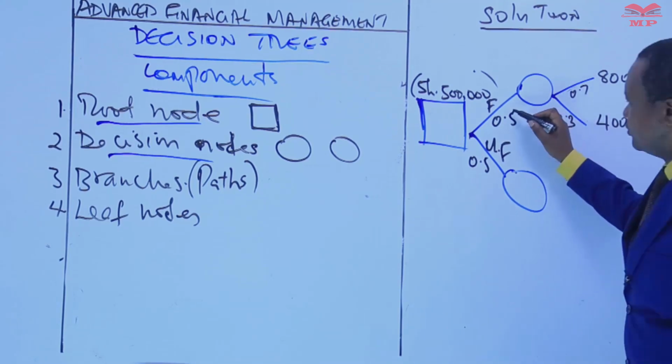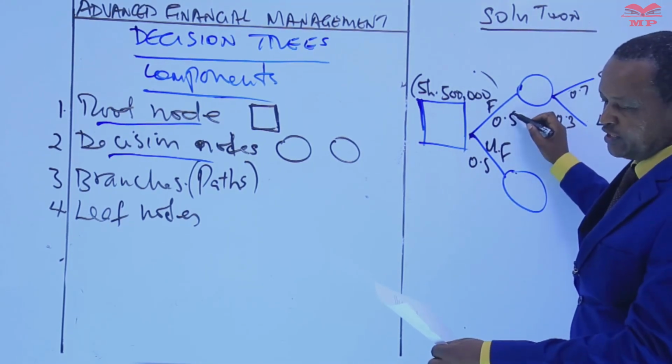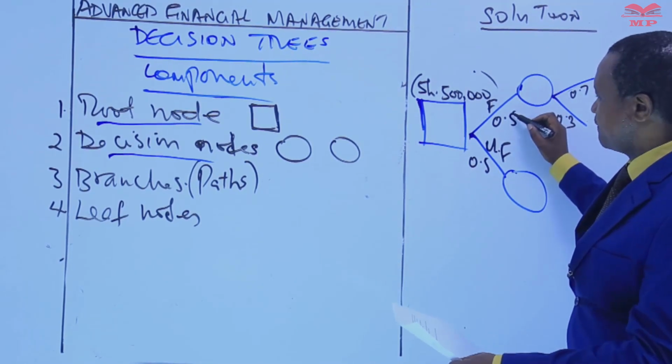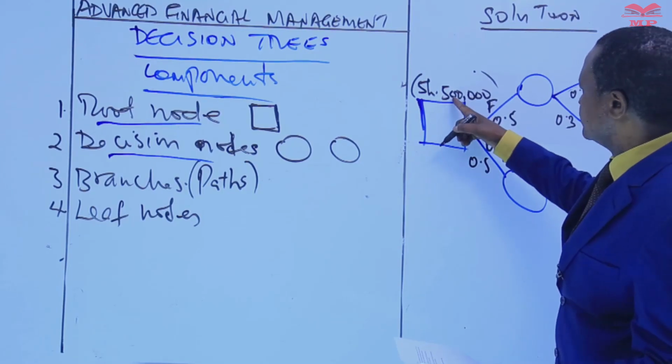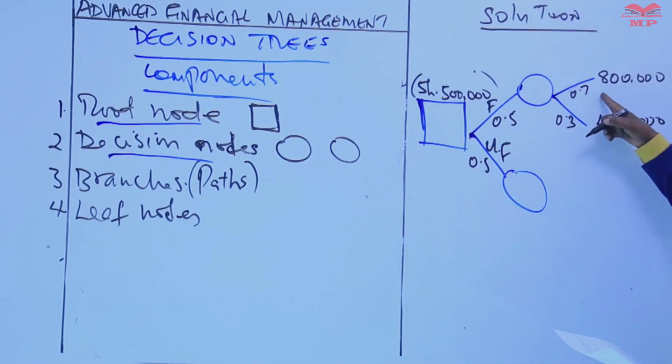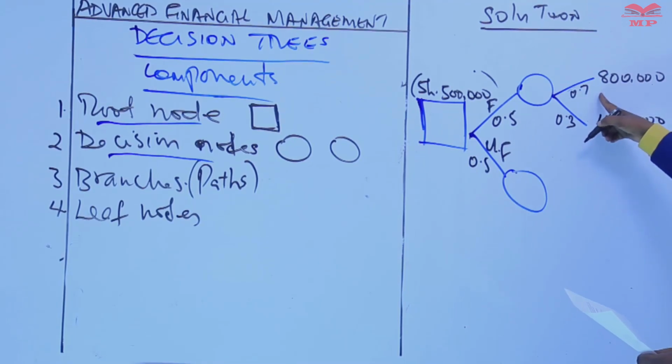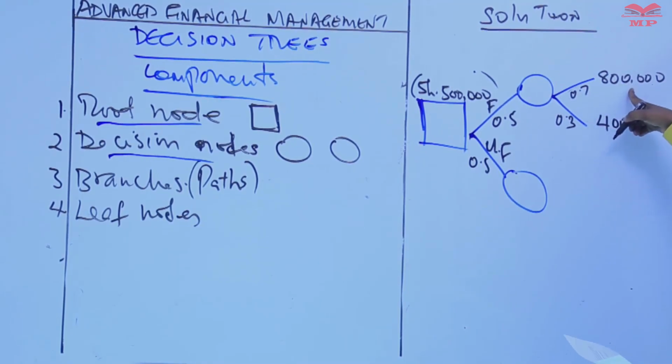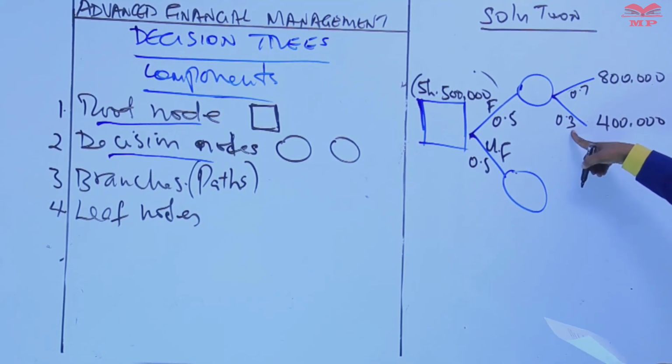If favorable. All right, that's what we read. If the market response is favorable, after investing the 500,000, then there is 70% probability of generating 800,000 shillings and 30% probability of generating 400,000 shillings.